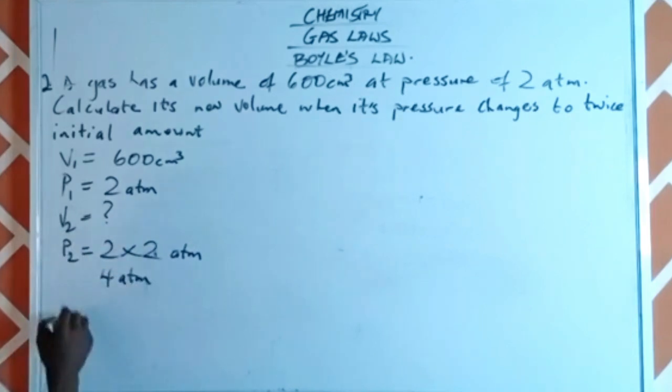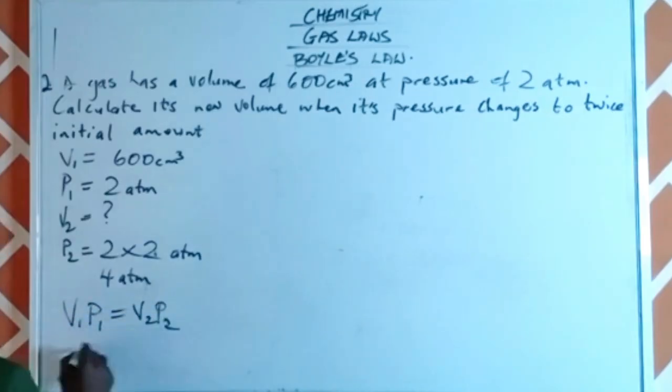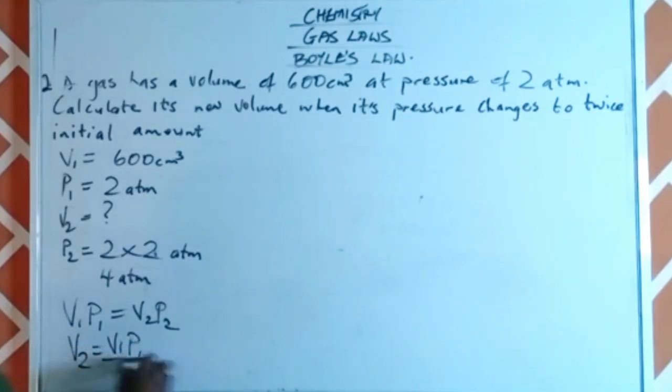So we are looking for our V2. As usual, we are using this formula V1 P1 equals V2 P2. Since we are looking for V2, let's make V2 subject of the formula. So we have it to be V1 P1 over P2.